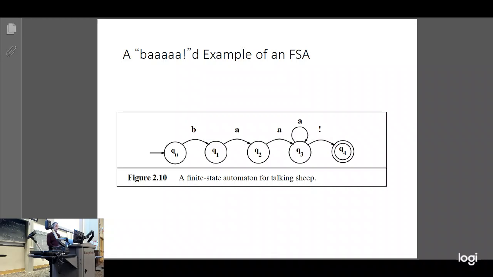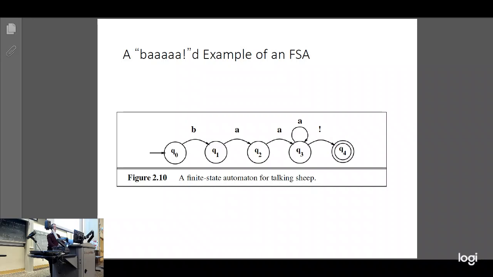So we would go B, A, A, exclamation point. Done. For B with 3 A's, then it's simply B, A, A, A, exclamation point. What about B with 1 A, an exclamation point? No, why not? So we go B, A, oh, no exclamation point. You can't go anywhere.